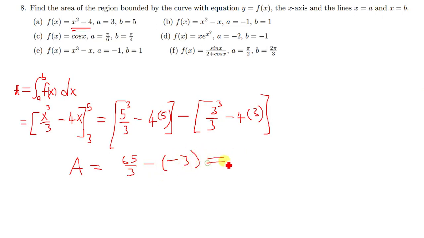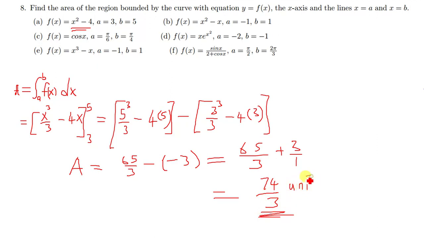Simplifying further, you get 65 over 3 plus 3, which is the same as 65 plus 9 over 3, giving 74 over 3. So this is your solution. Of course, don't forget to put your units there. Just write units squared, since it's the area that you're finding.